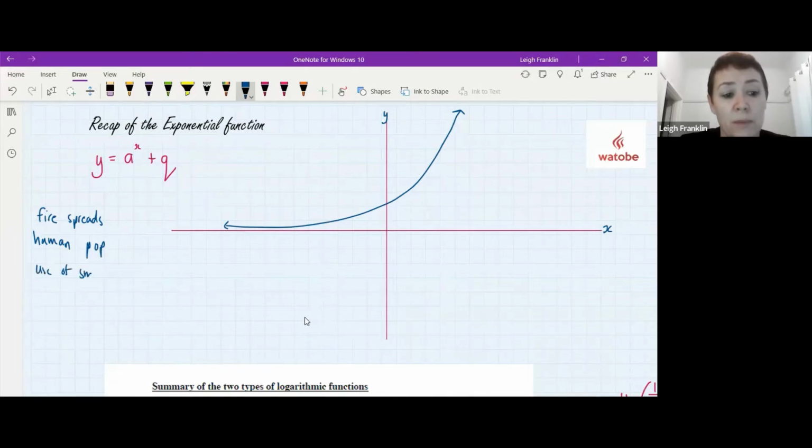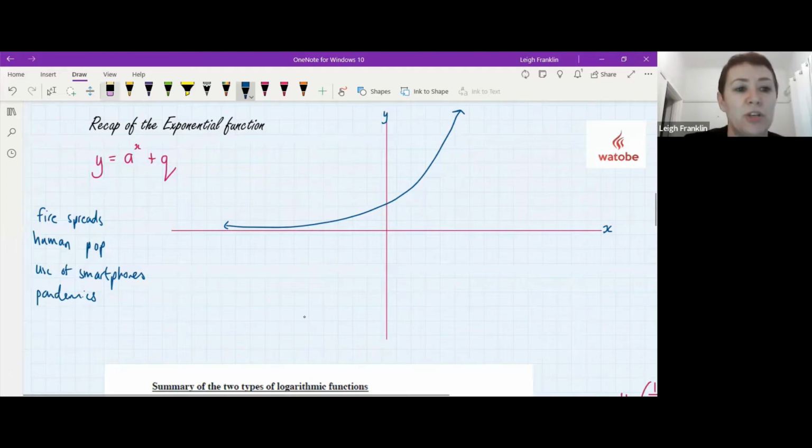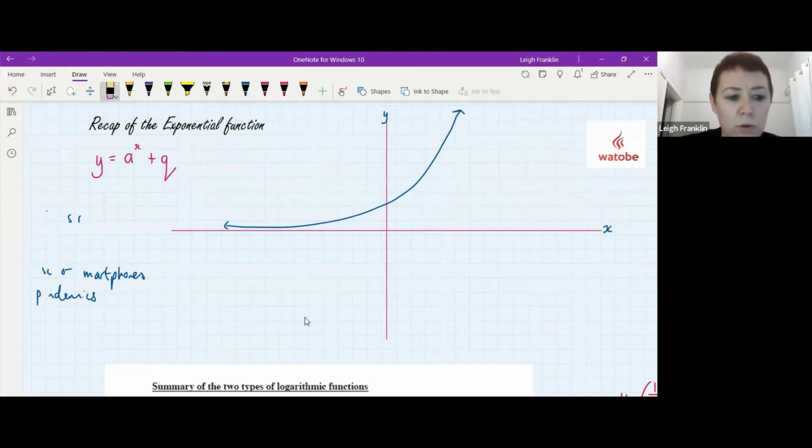Pandemics, like COVID, generally grow like this. Any kind of culture in a laboratory, like bacteria, will also grow exponentially. So these things have a lot of applications in the real world.